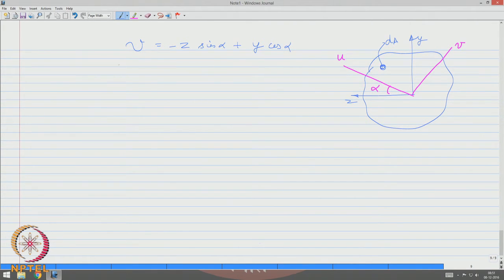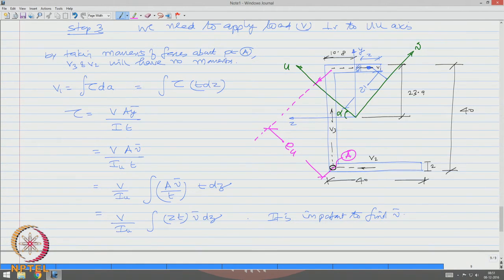Now, we would like to know the coordinates of this specific CG in terms of V bar.